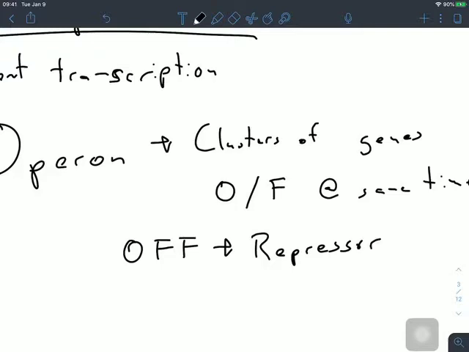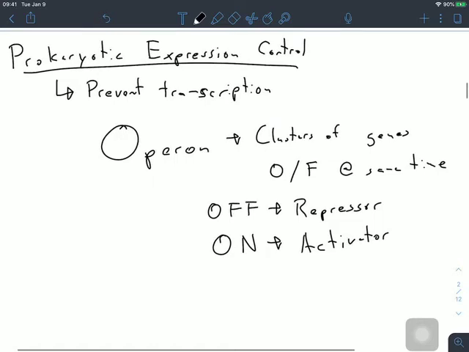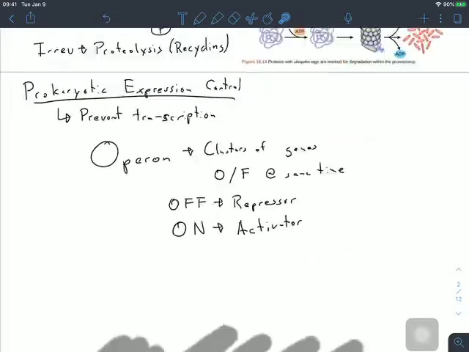And when it is turned on, or the thing that is turning the operon on, we call it an activator. So you have things that turn operons off, repressors, and things that turn operons on, activators.